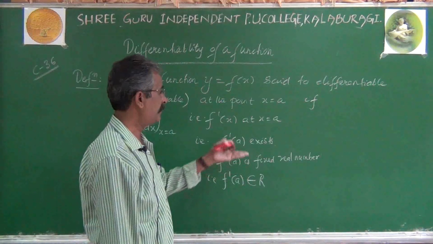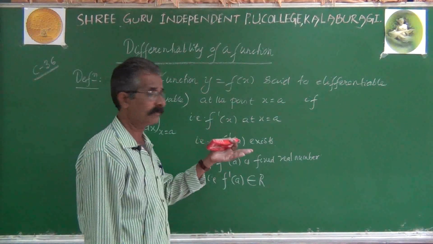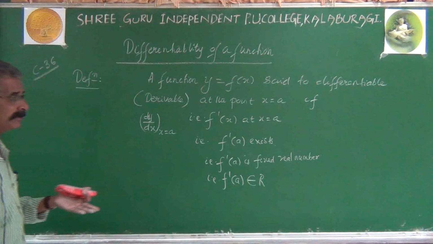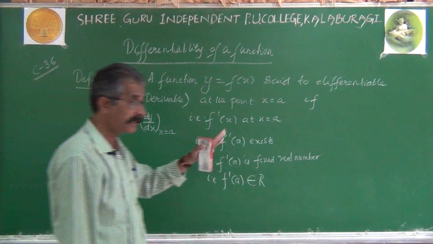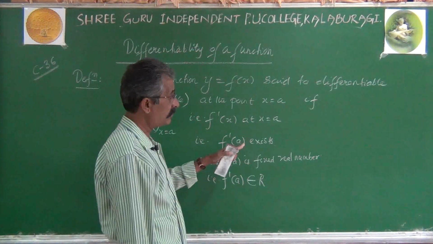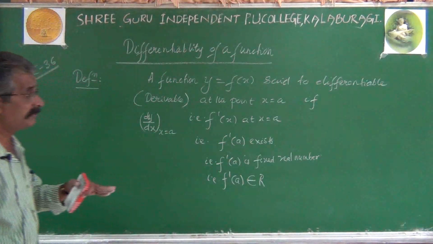You can test at point x equal to b, at point x equal to c, at point x equal to d, at all the given points you can test, provided at the given point the f dash value must become a fixed real number.